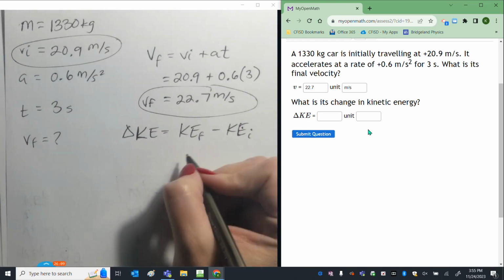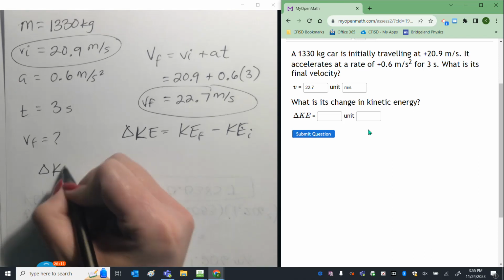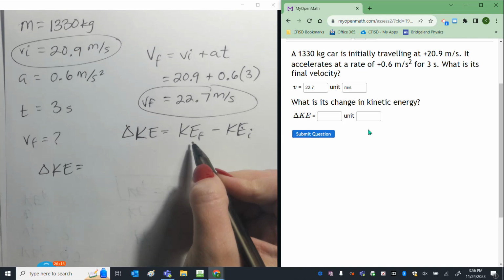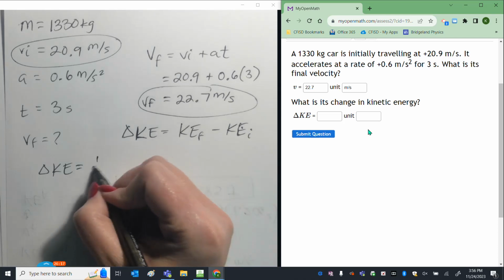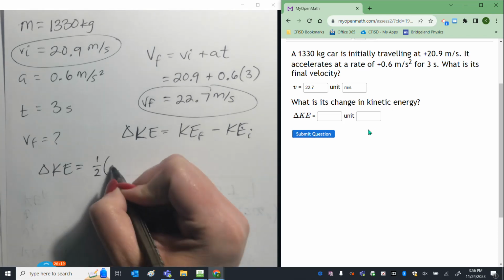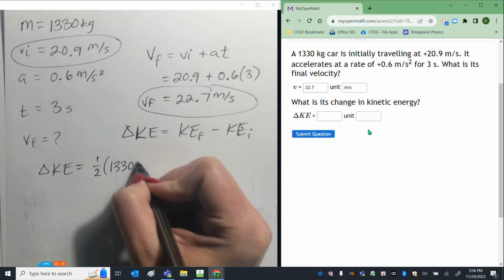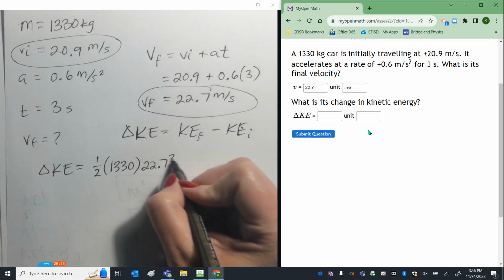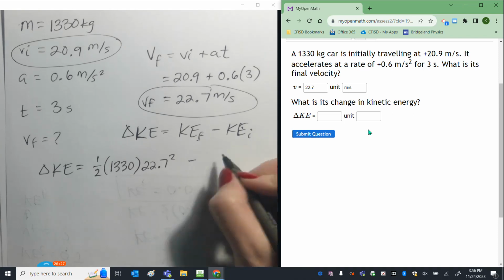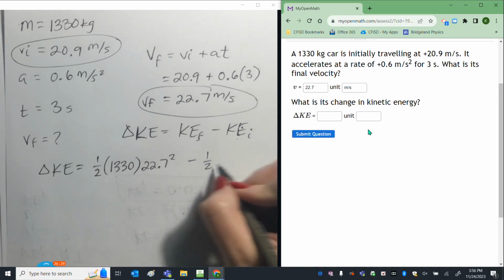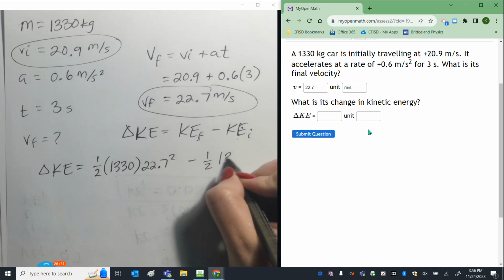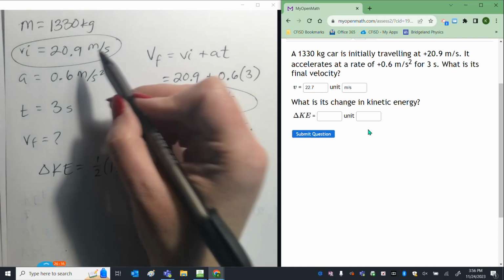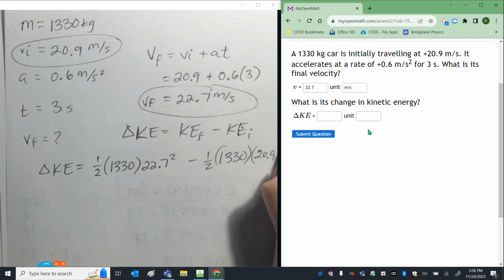So if I want to solve for my change in kinetic energy, let's go ahead and get our final kinetic energy is going to be 1/2 times 1330 times that final velocity, 22.7 squared, minus initial kinetic energy, 1/2 that 1330 mass times our initial velocity, 20.9 squared.